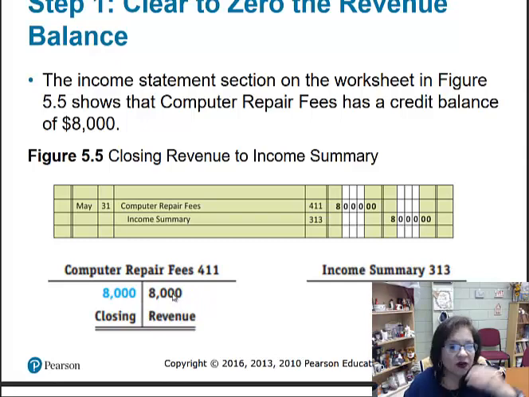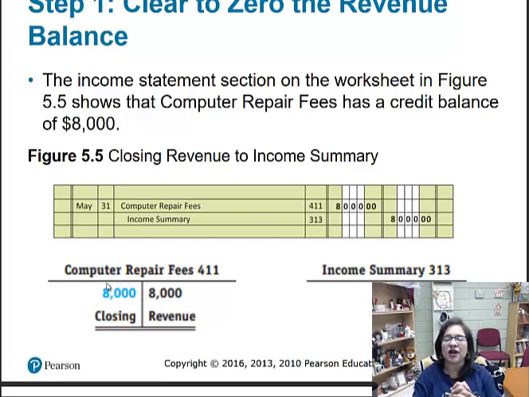And the reason that it's on the credit side is, remember, because you debit your cash, credit your repair fees, right? So what you're doing now is actually debiting your computer repair fees and crediting your income summary as far as revenue, showing that you have zeroed it out.